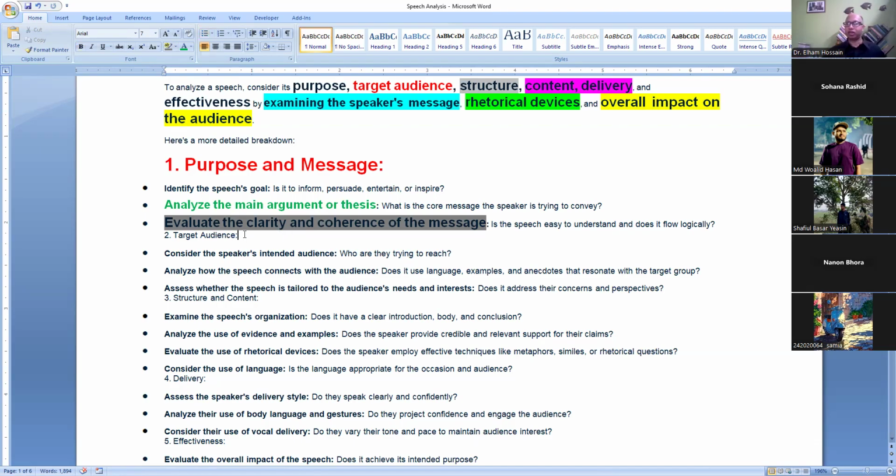So whether our speech is successful or not, if you want to know it, you have to think of the clarity and coherence. Suppose one passage should be connected to another passage. One sentence should be connected to the other sentence.